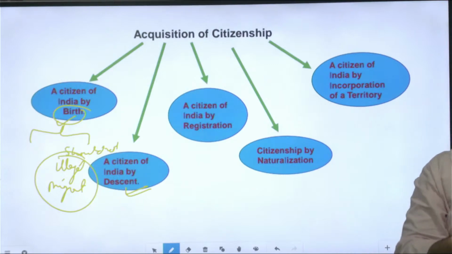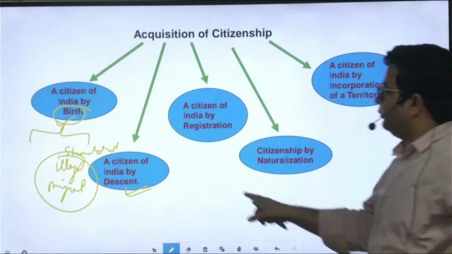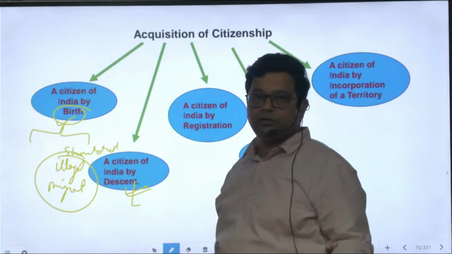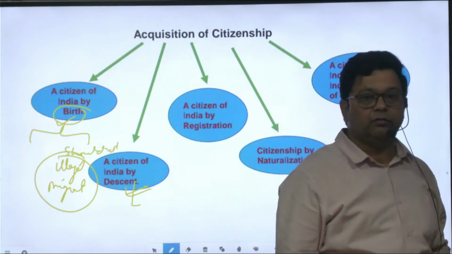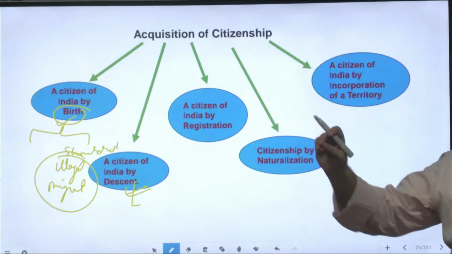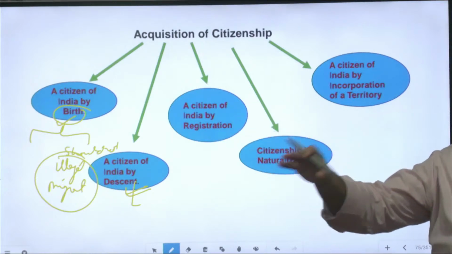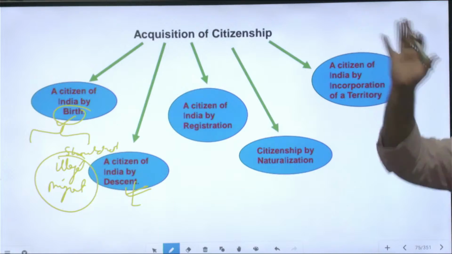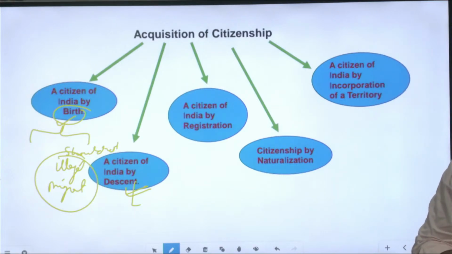He is not born in India, he is born outside. So he can also be a citizen through descent if he is born anywhere else. Are you getting my point? Yes or no? Is it clear?